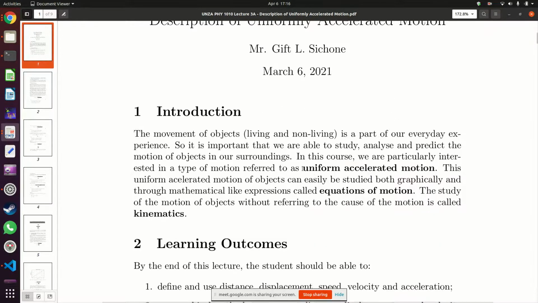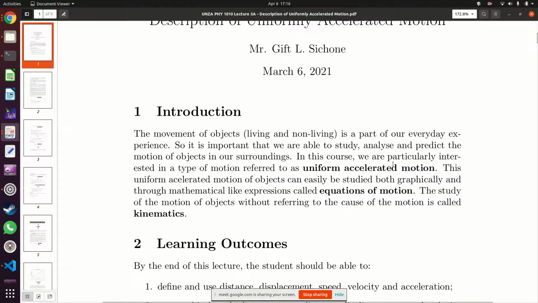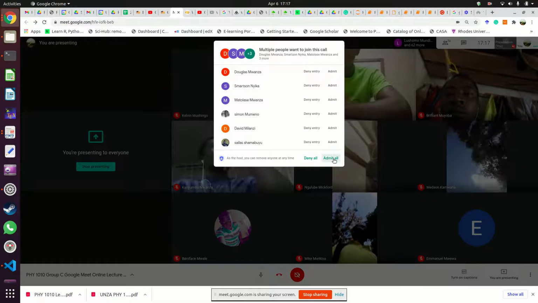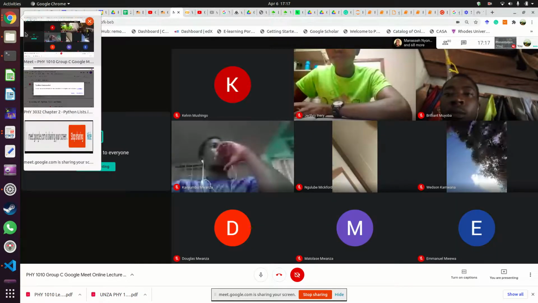When we talk about uniform accelerated motion, what we actually mean is that the acceleration is the same. Acceleration is a measure of how fast or how slow the velocity or the speed of an object is changing.